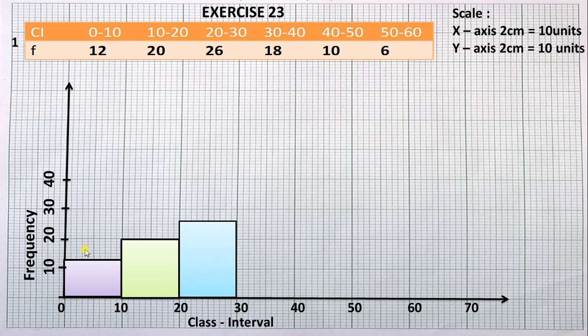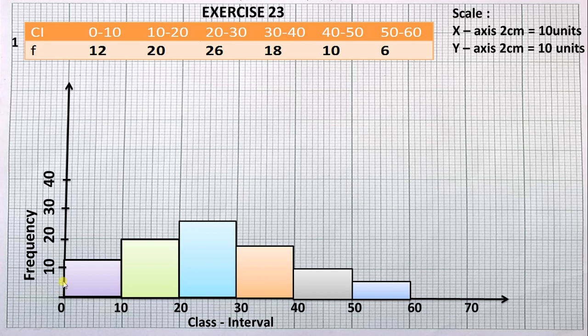30 to 40, 18. This is 20. Before that 19. Before that 18. Similarly, 40 to 50, here 10 is already marked, so draw the rectangle. Next it is 50 to 60, it is 6. It starts from 0, so 1, 2, 3, 4, 5, 6.